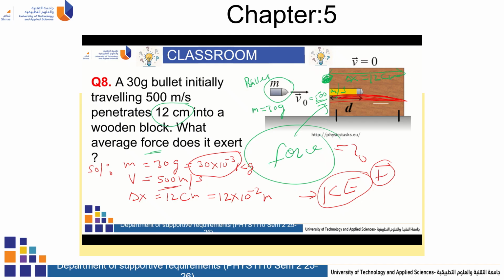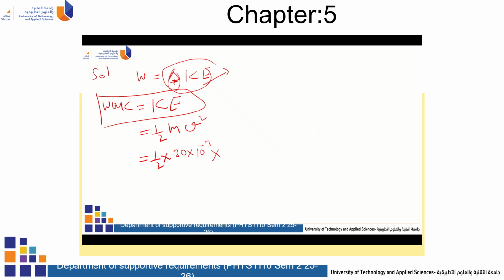So this value I need to put at the place of the v. So v is 500 meter over second, and then the power 2. If I solve this in my calculator, how much will the answer be?